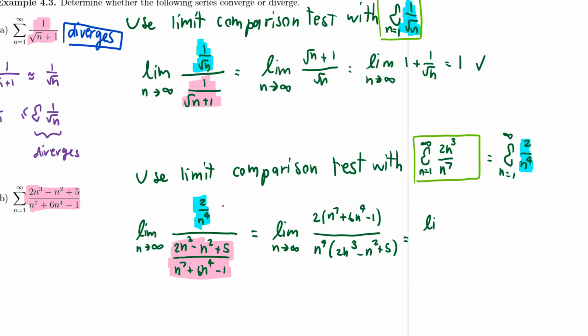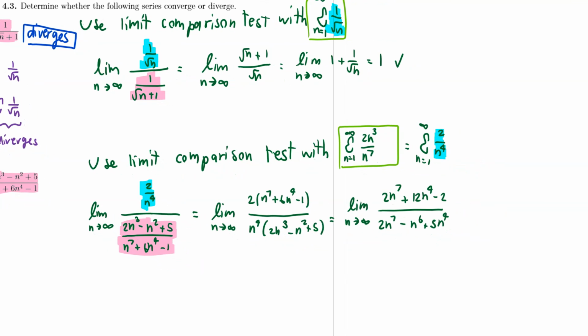And this is going to be the limit when n goes to infinity of 2n to the 7 plus 12n to the 4th minus 2 divided by 2n to the 7 minus n to the 6th plus 5n to the 4th. Okay. Now then, when we have the limit of a ratio of polynomials, we can just compare the leading terms of the polynomials.